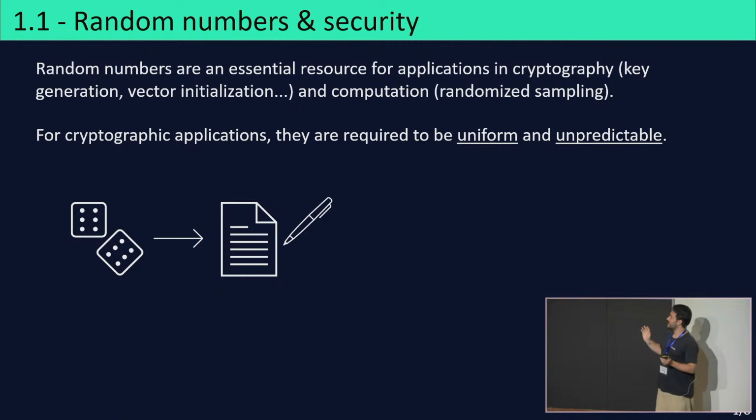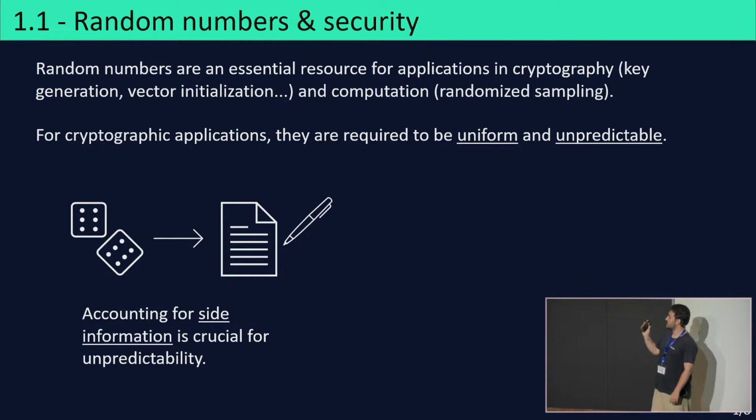However, in this case, they are completely predictable because you have the exact same random numbers on the other sheet of paper that is part of the environment. This is a very extreme example. In practice, you don't have a 100% correlation with the environment, but you do have some. And in the cryptography world, this is what we call side information. And it's very important to quantify it in order to assess the security of a QRNG or RNG device.